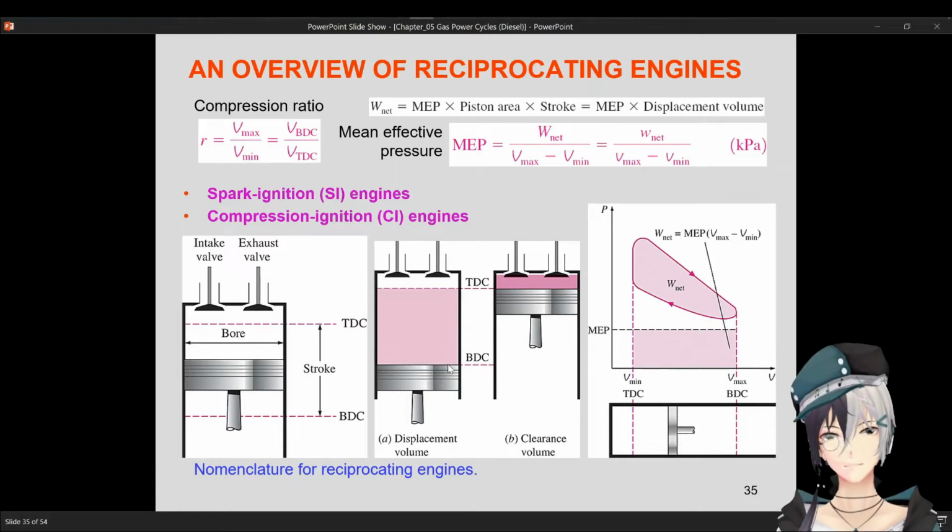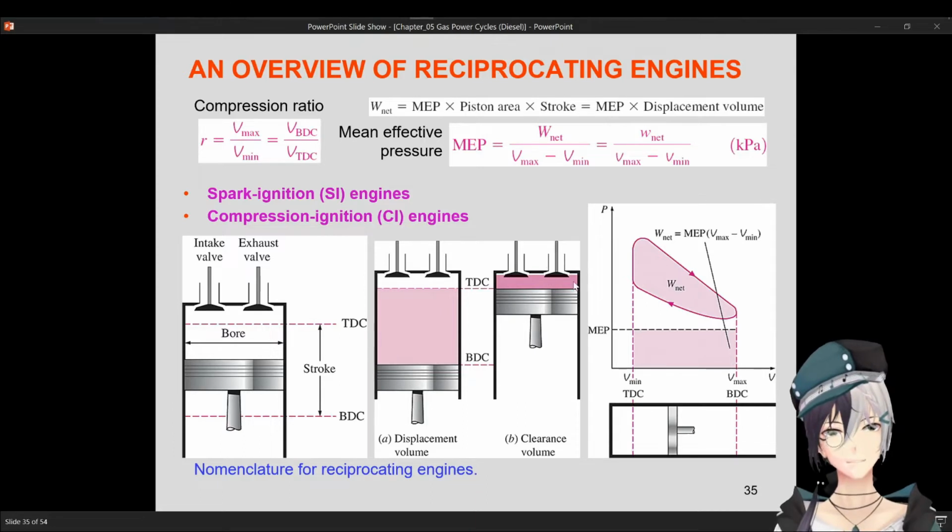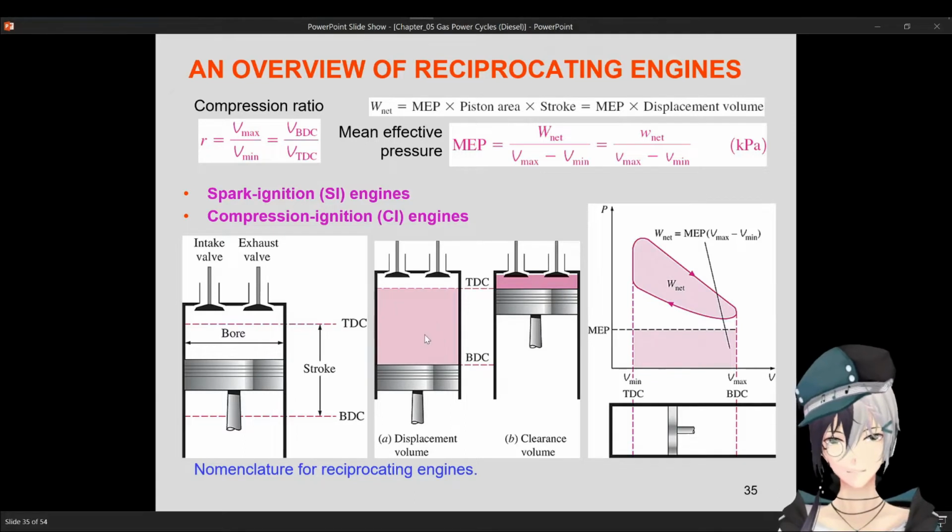As I was explaining earlier, this shaded area over here represents your clearance volume. And this shaded area over here is your displacement volume.